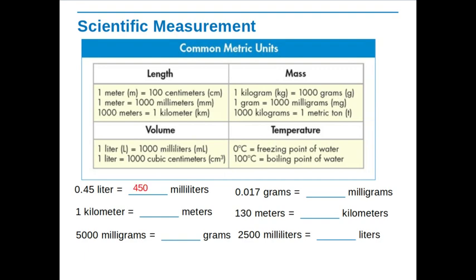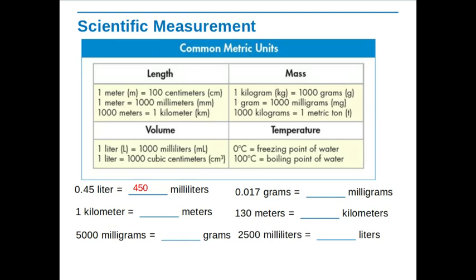All I have to do is multiply by 1,000. Or I can move my decimal point 3 places to the right. 1, 2, 3. I'll have a placeholder, which is going to be 450 milliliters.